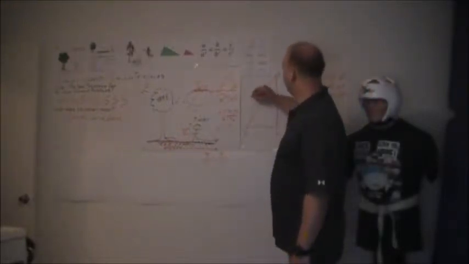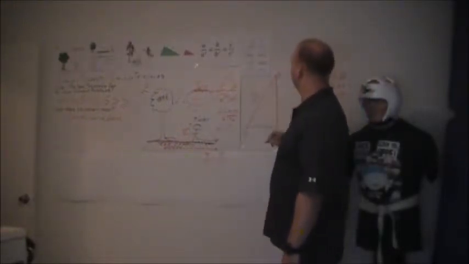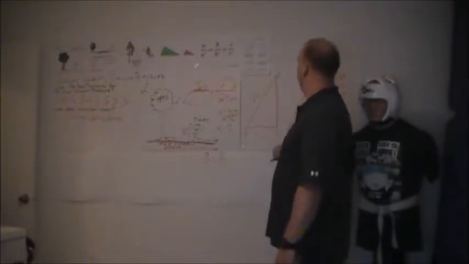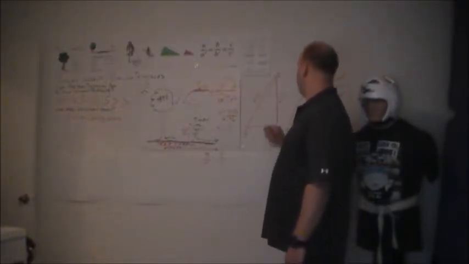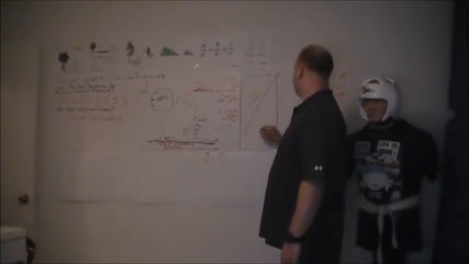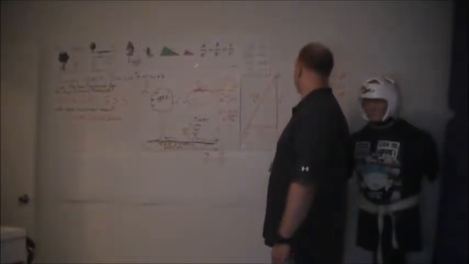Okay, right now we'll just say this is 26 inches and this side is 24 inches and this side is 10 inches. Alright, this side will be, we'll say 13 inches.